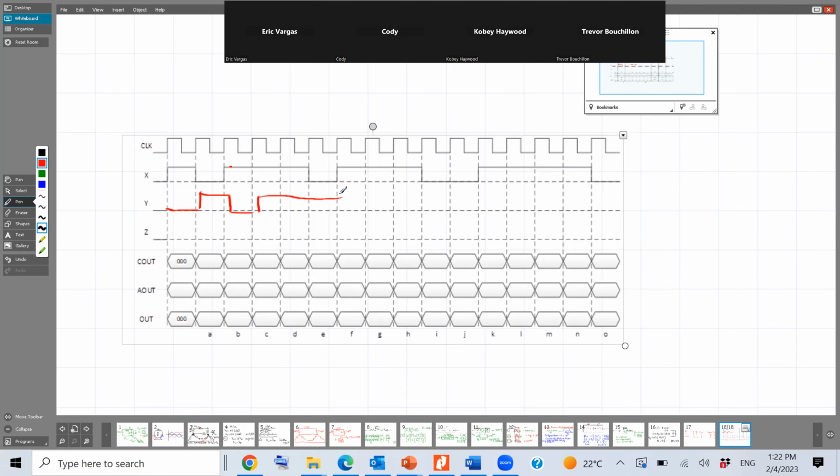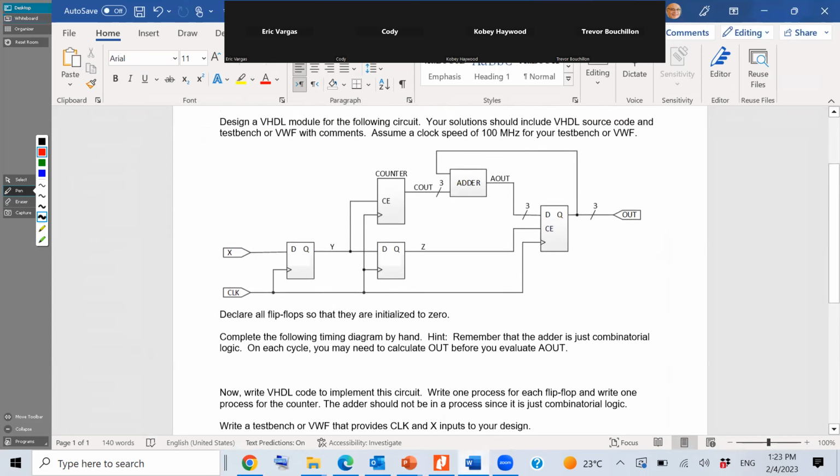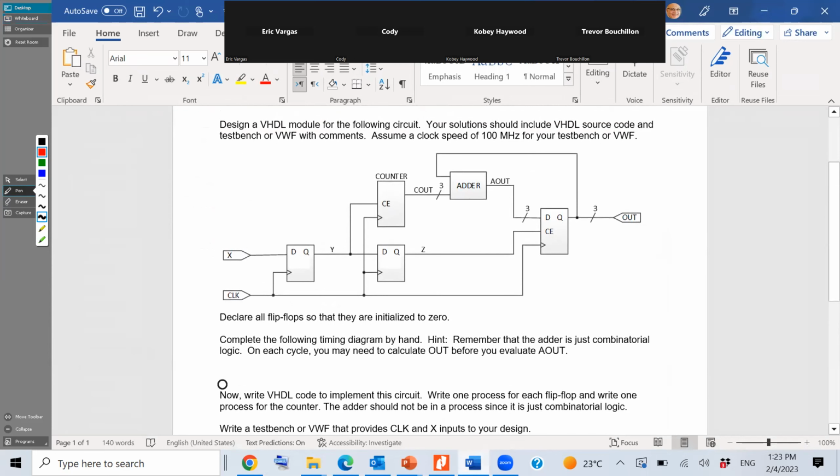And of course, here you need to think about Z. Z is taking D as its input, which is Y, and it has a clock.